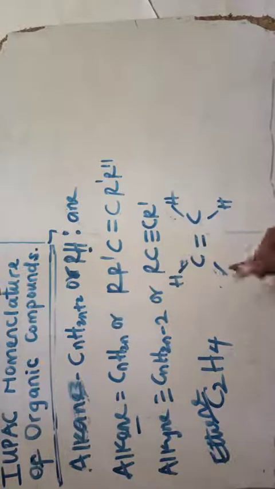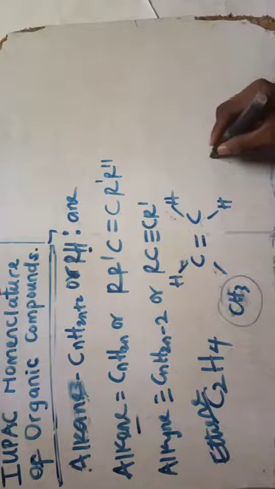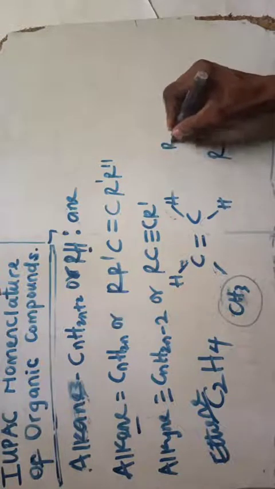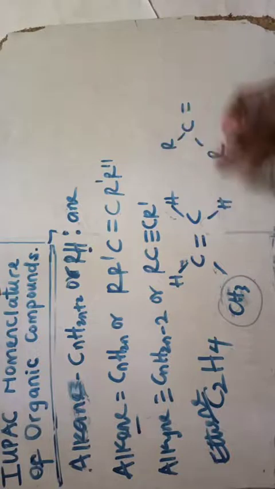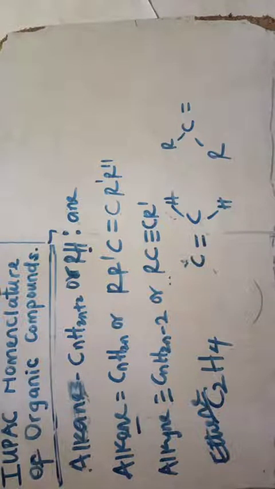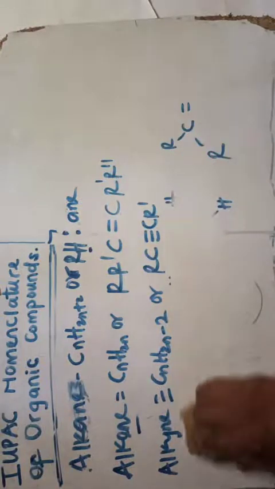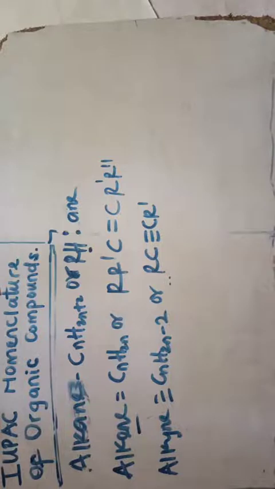So if I decide to write, let me say CH3, now this here can be termed as R. I can write this as R, I can have here ordinary R, I can have here my C double bond. I can also have anything here and write it as R. That is a branch in general. It's just talking about the branch. Same thing for alkyne and the like.